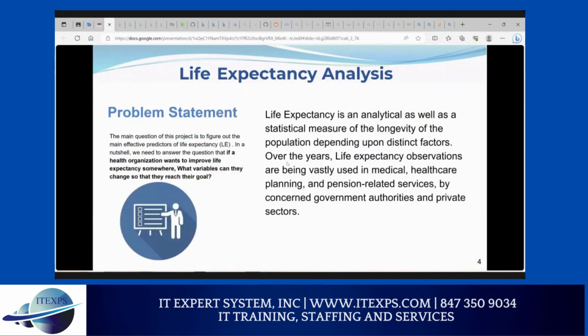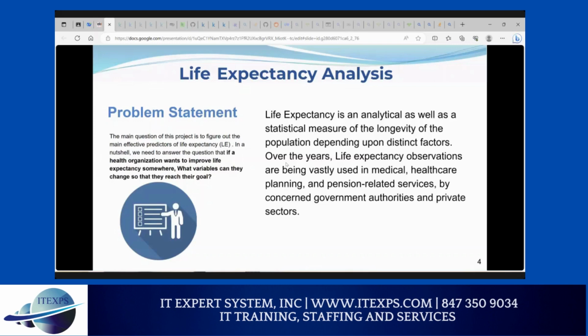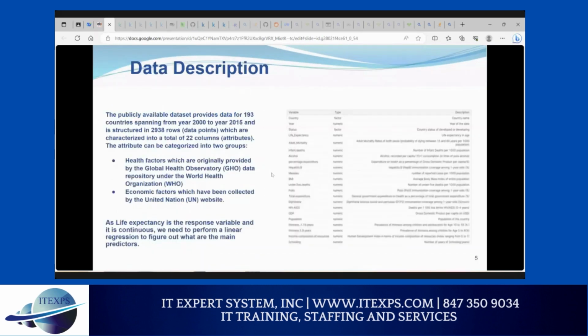So basically, the main question was which variables have the most influence on this, because this topic is quite interesting, and a lot of governments and private sectors need to know these factors.